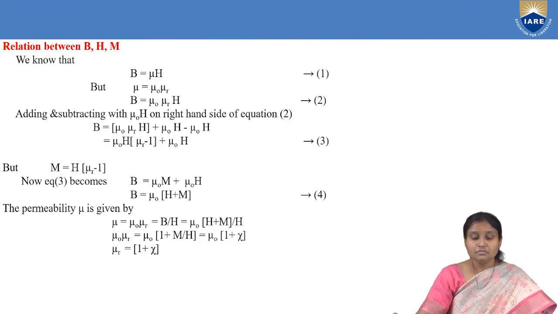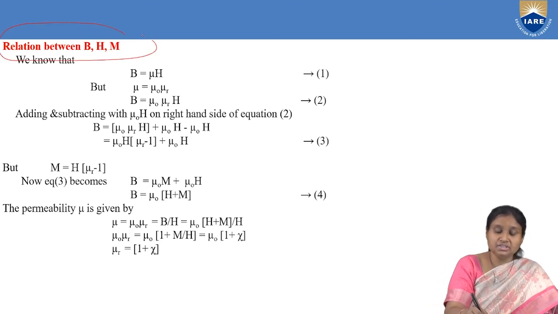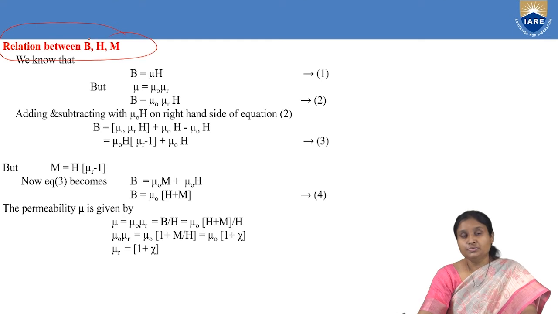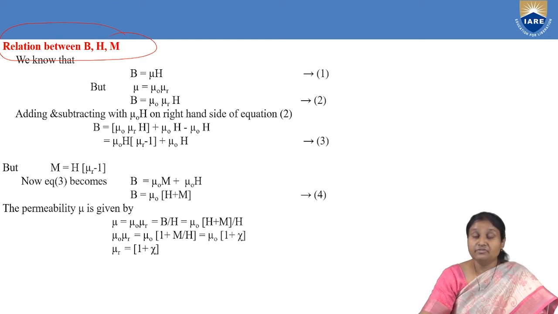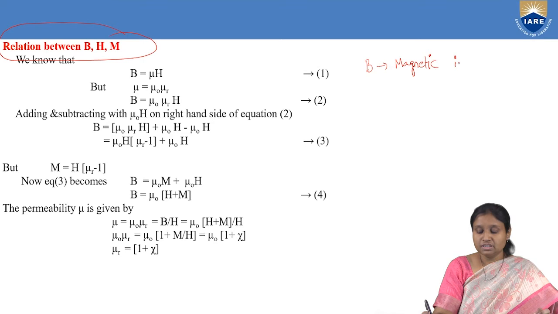In the end, we are going to discuss the relation between B, H and M. There are two relations or expressions which are very useful and very important. The first relation is between B, H and M. What is our B? B is called magnetic induction, or magnetic flux density.